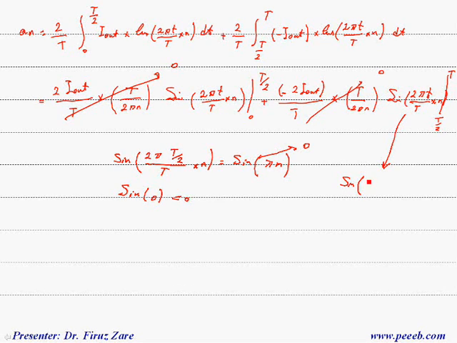Sine 2 pi T over T times n equals sine 2 pi n, which is 0. So in this case we can see that an is 0, while we have to find bn.